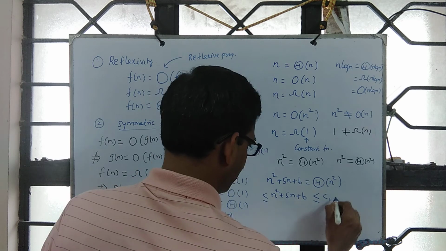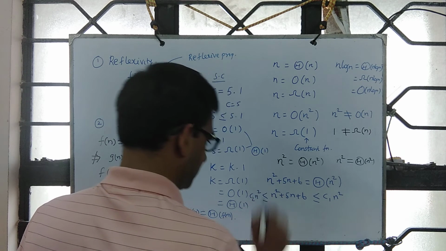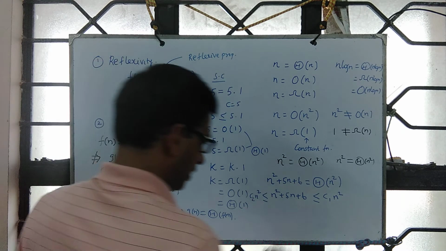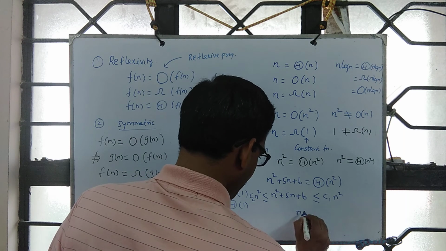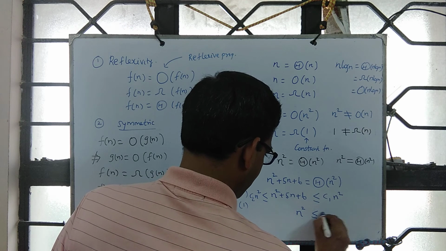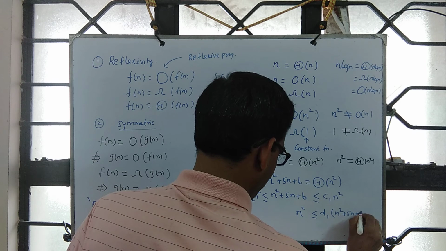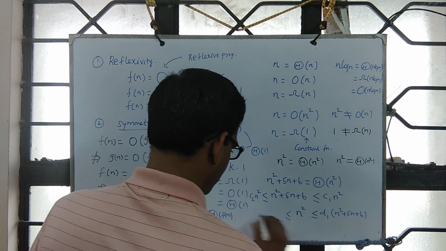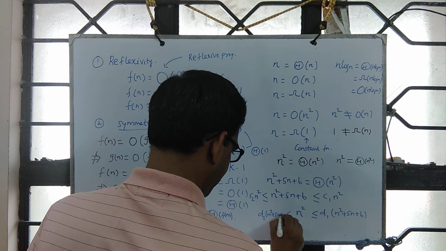So you can find c1 times n square on this side, c2 times n square. On a similar line, one can also write that n square is upper bounded by some constant times n square plus 5n plus 6, and lower bounded by some constant times n square plus 5n plus 6.